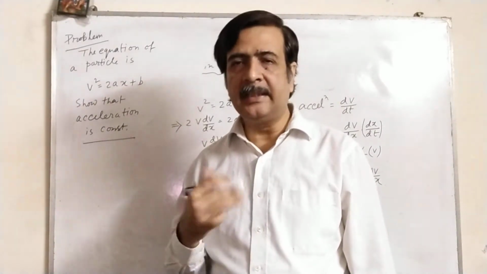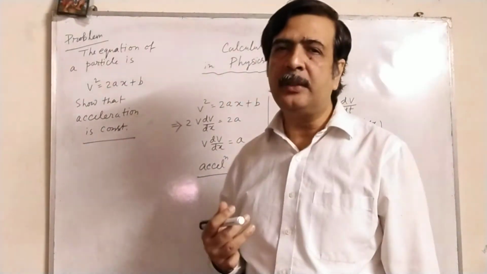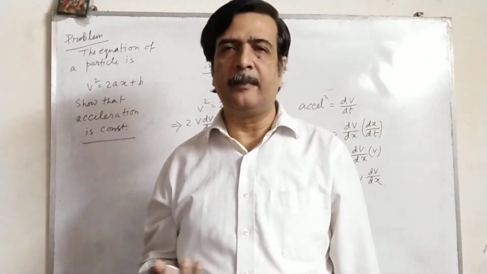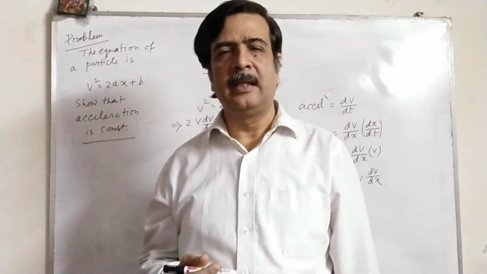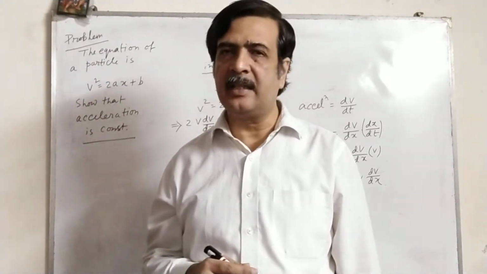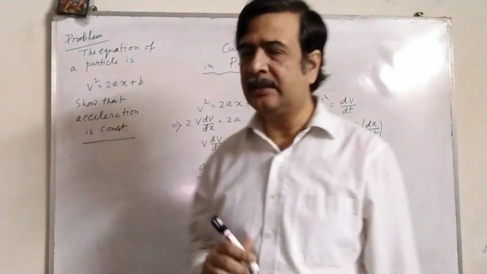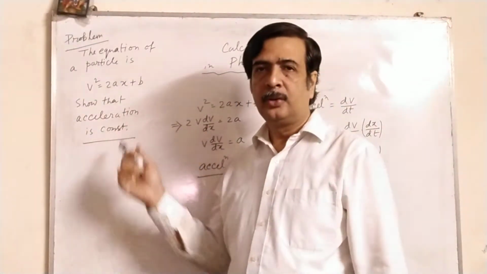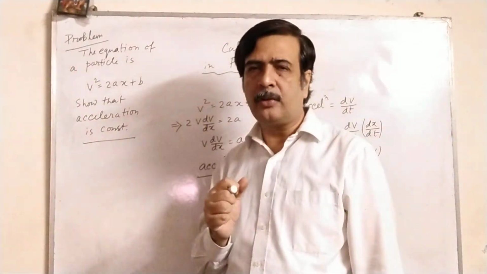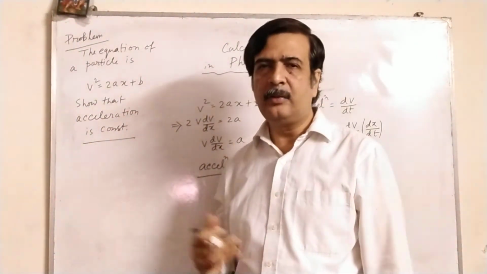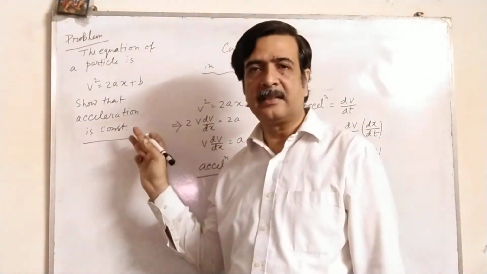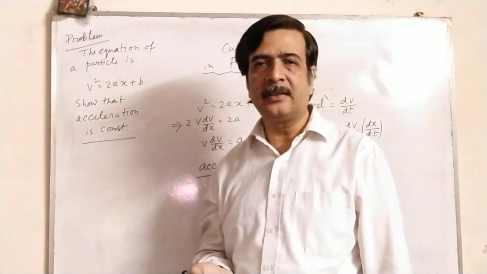So generally we know that if we differentiate displacement with respect to time, then it is velocity, and if we differentiate again velocity with respect to time, it is acceleration. But here the equation is something different. If you are not very strong in differentiation, then you will be in a dilemma: one side there is v, another side there is x, so there is no function of t.